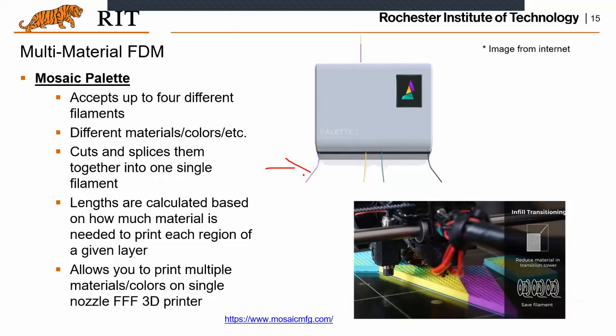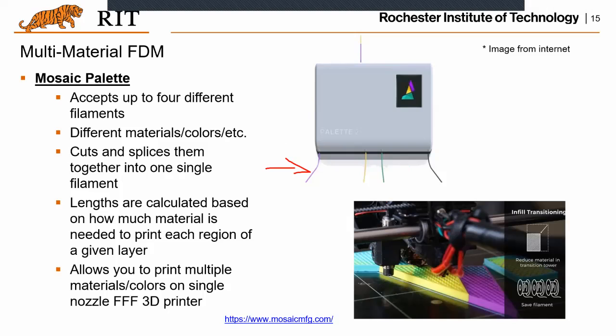Like the one shown here, you have 1, 2, 3, 4 filaments with 4 different colors, and it will cut and splice those filaments and merge them into one single filament, such that it can print the part in different colors. Different regions have different colors. All right, that's how this works.